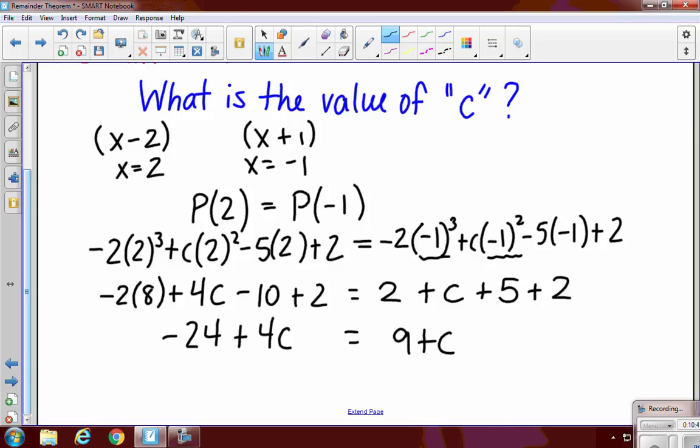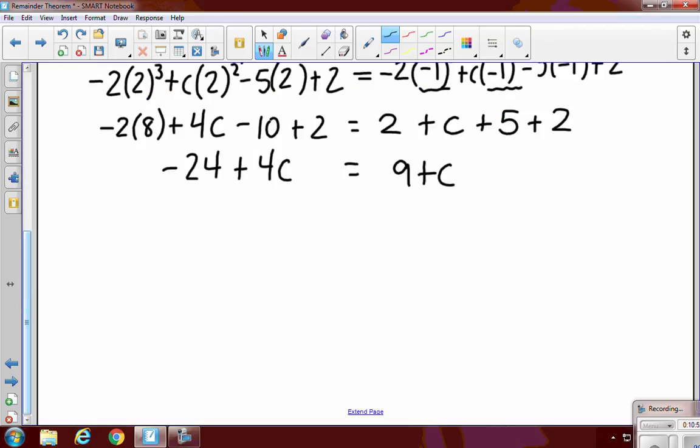So now we're left where things are looking a little cleaner. And we have c's on one side, c's on the other. From this step, you just got to move all your variables to one side and your numbers to the other. So I would probably say, I'm going to take this c and move it over here because I have more c's on that side.